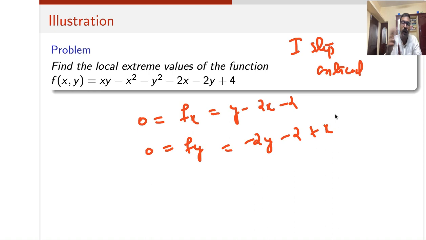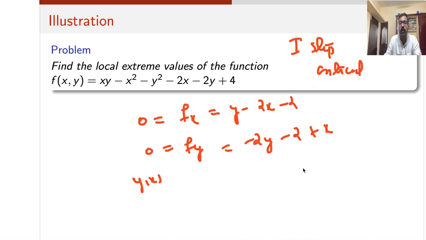Now equate both of them to 0 and solve for y and x. Please try to do the problems with me, only then you will understand. So fx is y minus 2x minus 2, and fy is x minus 2y minus 2.